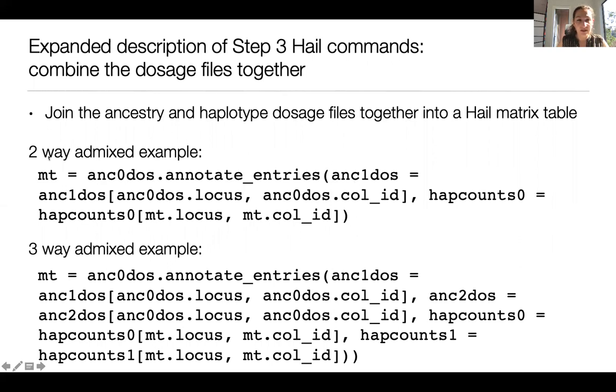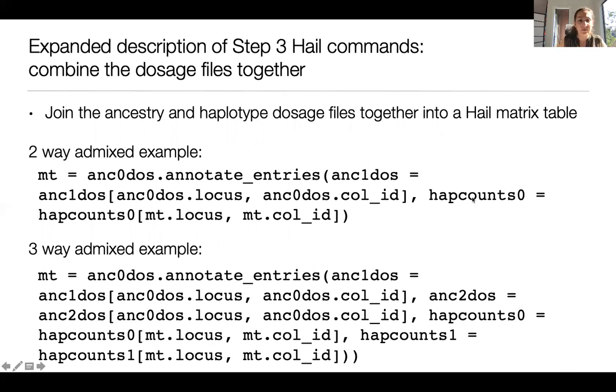So here I'm showing examples for a 2-way and 3-way admixed example. In the 2-way, we're annotating structs for the ancestry 1 dosages, as well as our hap counts for our ancestry 0, so our index ancestry haplotype counts. All 3 of these are default outputs from our earlier Tractor steps.